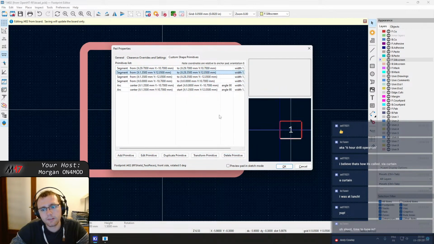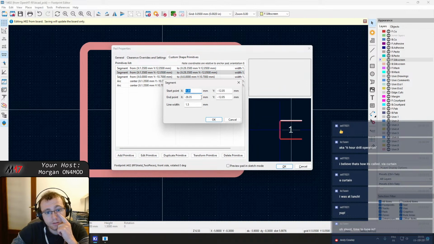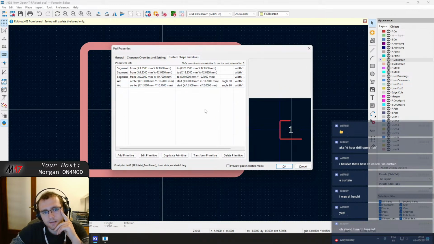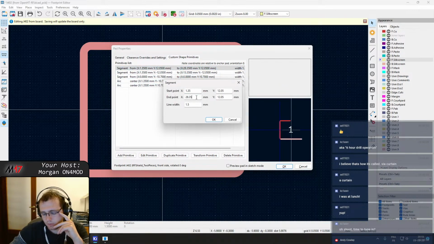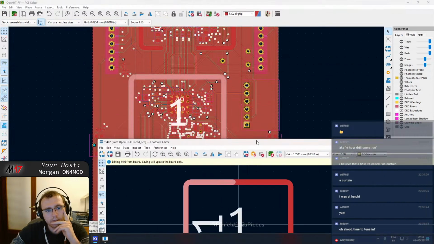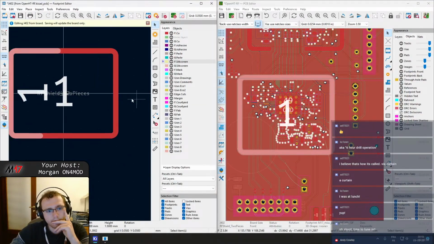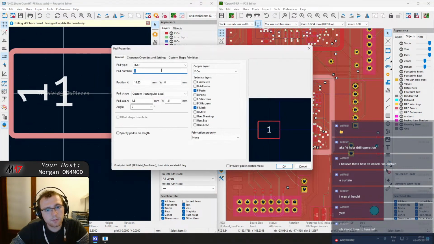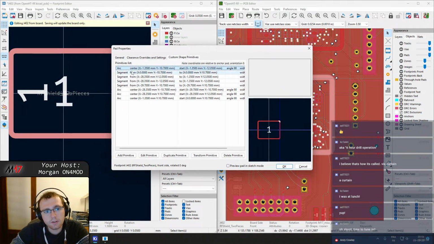This needs to go, this needs to go. This one needs to end more like this, and this one also, okay, something like this. This one, we are gonna remove the leftmost parts of it.